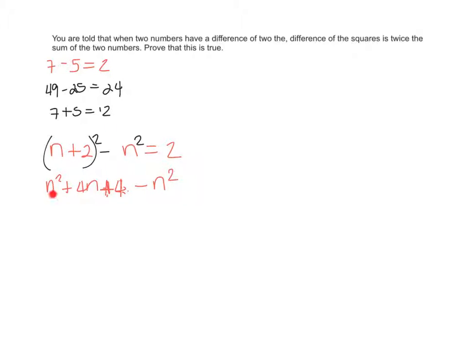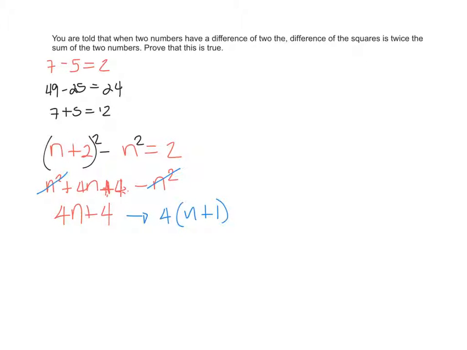Well, the two n squareds will subtract each other out, so that's gone and that's gone, leaving me with just 4n plus 4 as the difference between the two. If I want, I can factorize it. I might just factorize it on the side because I don't know what great tidings that will bring. So 4 into n plus 1 there.